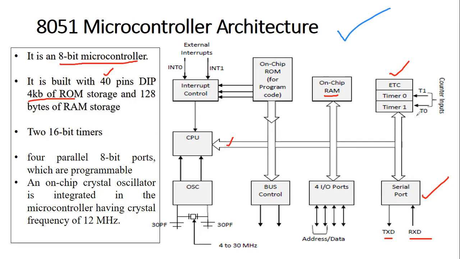Here, simply you must know that there are two timers in 8051 microcontroller, timer 0 and timer 1. Both are 16-bit and both have counter inputs, that is T1 and T0. These pins you have already seen in the 8051 pin diagram.